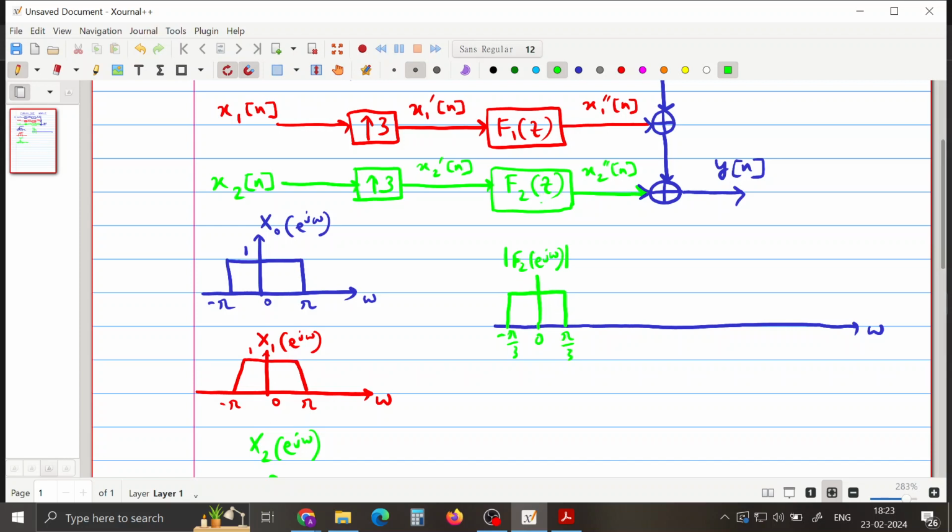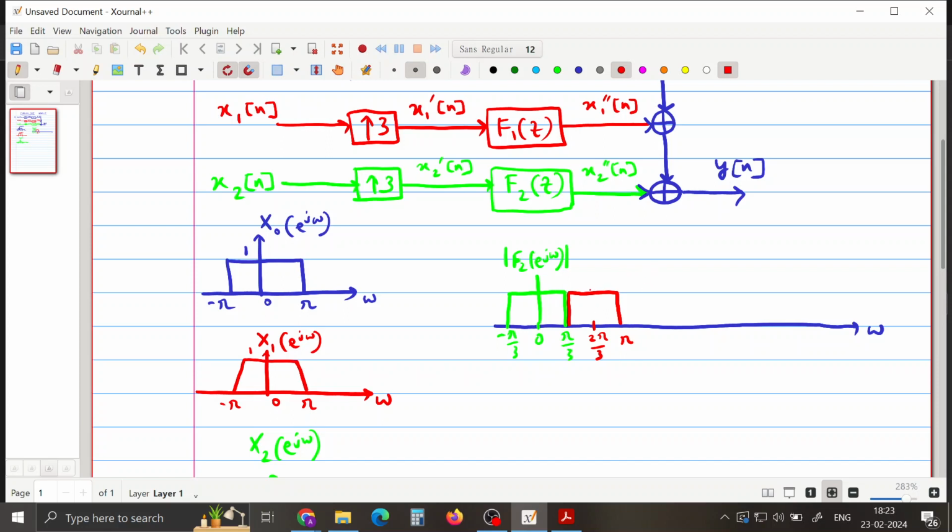Now what about f1? It is the same thing but centered at 2 pi by 3, and I will use red color. So like this, this center is 2 pi by 3, and this edge would be at pi, again the same bandwidth, 2 pi by 3.